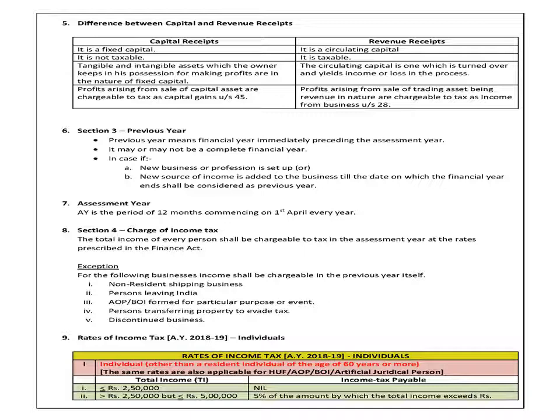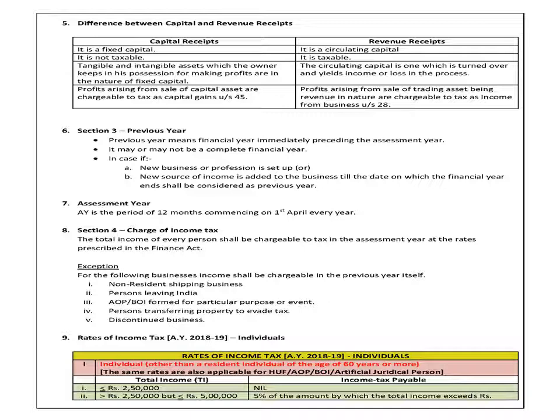We have certain exceptions to section 4. What are those? First, non-resident shipping business. If it is a non-resident having a shipping business in India, then it is not taxable for him. He is not taxable in India because he is a non-resident. And persons who are leaving India, for them also no tax is levied.